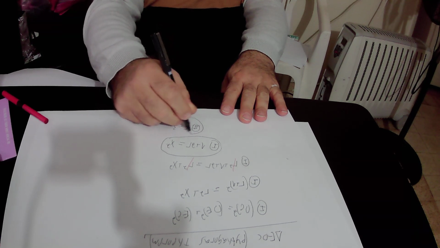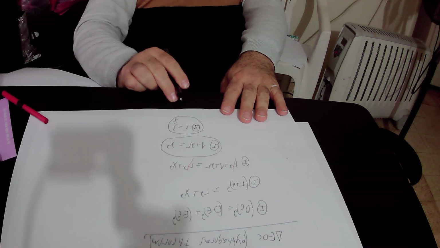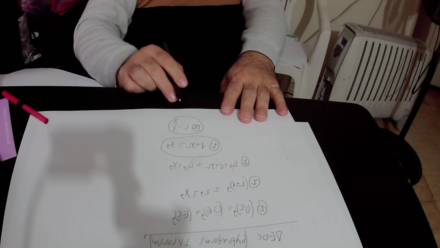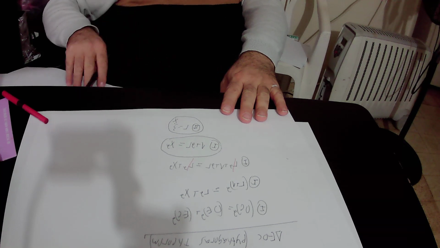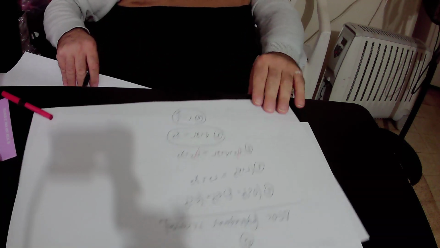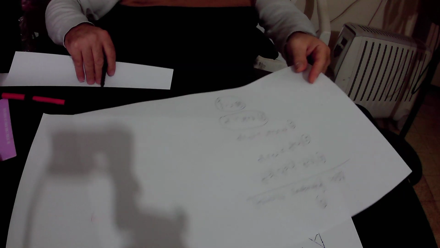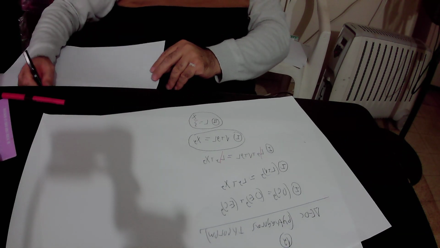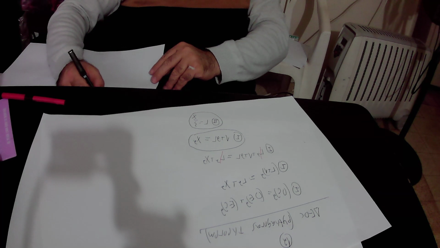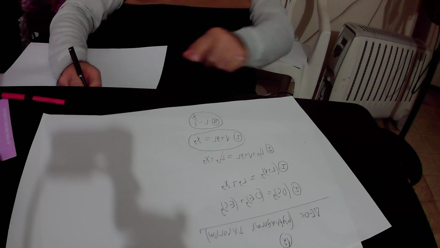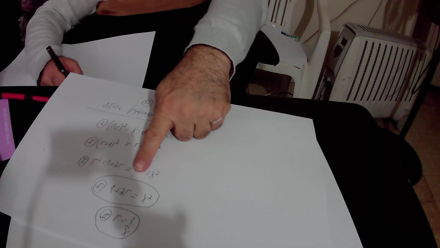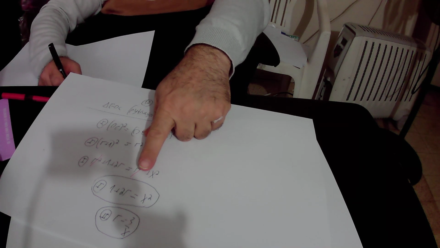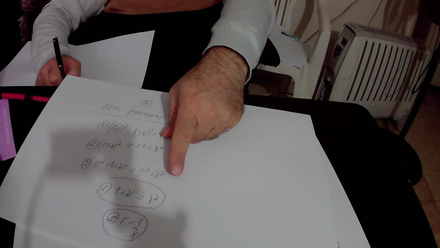This is equation number 1, and according to equation number 2, R equals 3 over X. Because R equals 3 over X, we will substitute R in equation number 1 by 3 over X. And we will get that, according to equation number 1, 1 plus 2R, and R is 3 over X, equals X squared.